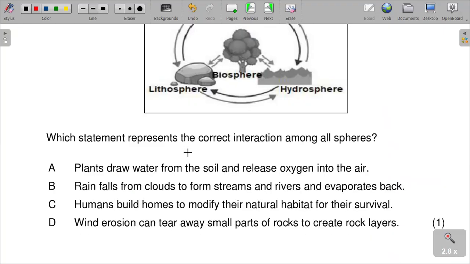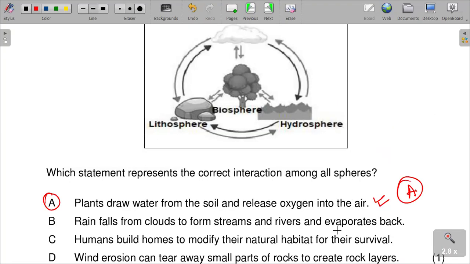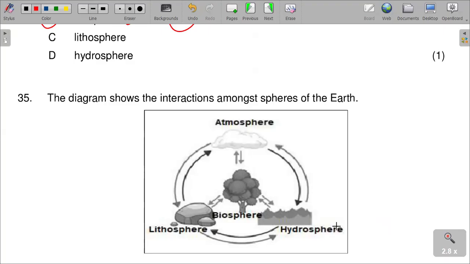So the statement that represents the correct interaction amongst all spheres: rain falls from clouds to form streams and rivers and evaporates back; humans build homes to modify their natural habitat. So the answer is A, which shows such an interaction that we are talking about.